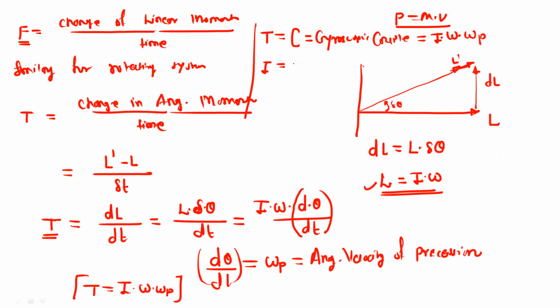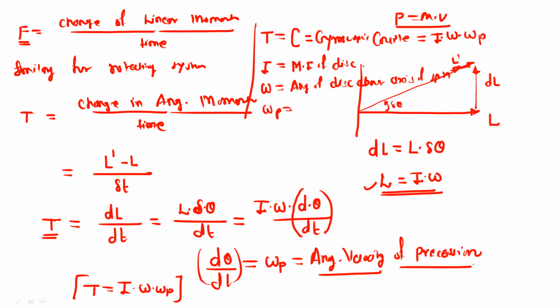this capital I is nothing but the mass moment of inertia of the spinning disk. The omega is nothing but the angular velocity of the disk about the axis of spin. And omega p is nothing but the angular velocity of precession. Okay.